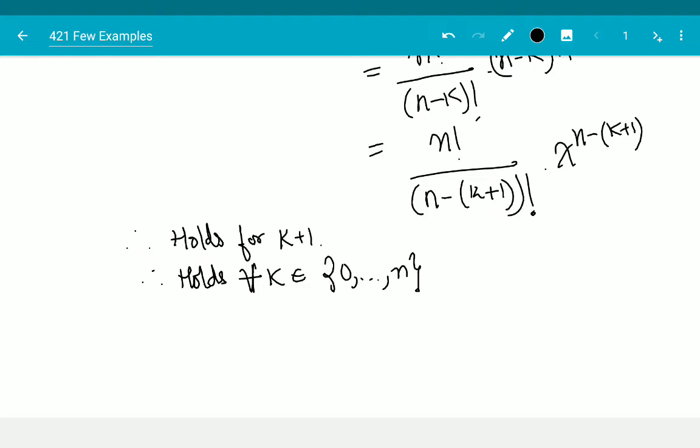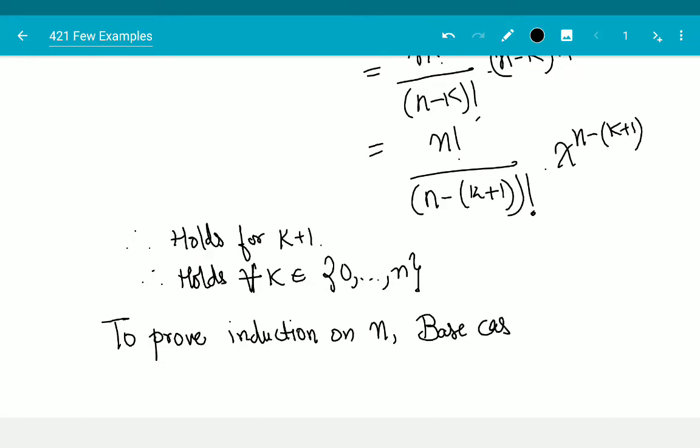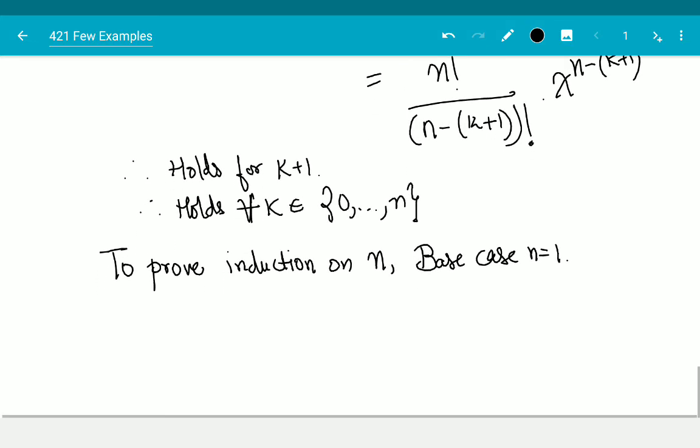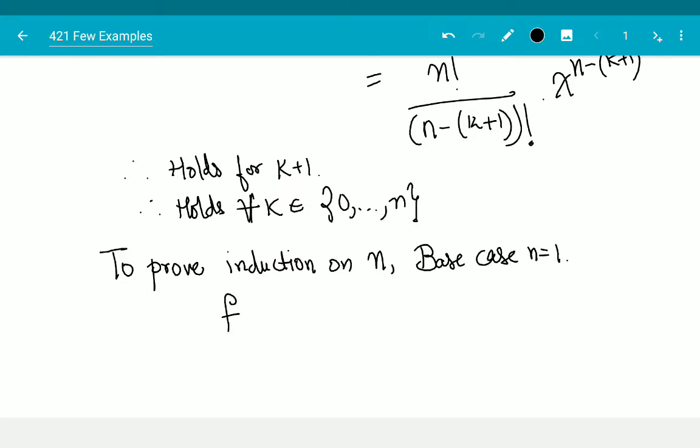If you want to prove the result by induction on n, the base case is n is equal to 1. Well, what do we have? When n is equal to 1, I can show the result for any k, right?